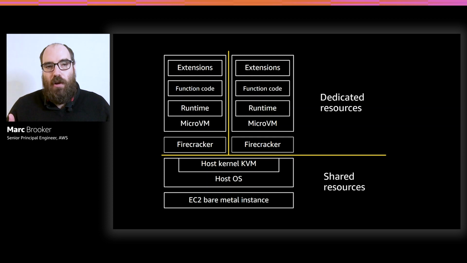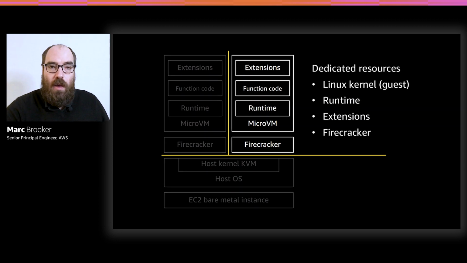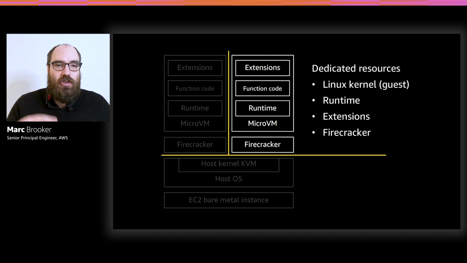Inside this micro virtual machine is a guest kernel. There is a runtime like the JVM or the CLR or whichever other language runtime like Node you bring. There's a Linux guest kernel dedicated again to each concurrent runtime of each individual function. There's all your extension code.